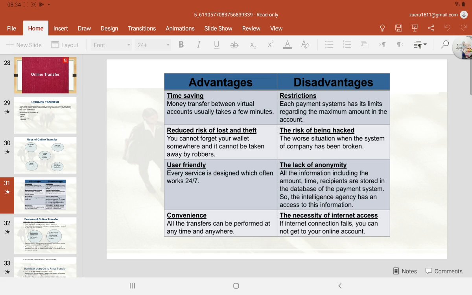Then it reduces the risk of loss and theft, because for the online transfer, we do not have to bring any cash to transfer the money to a third party.